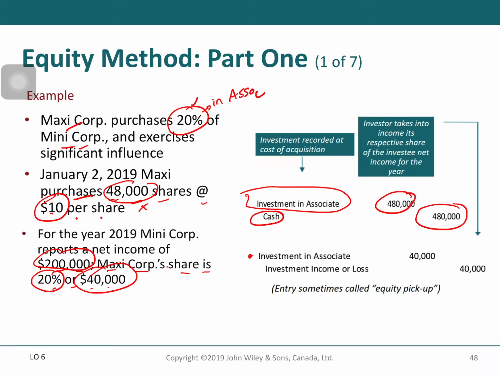Okay, so you will record investment in associate on the debit side and investment income or loss on the credit side. Okay, if you find this account on the credit side, it means you get income. Okay, if it is on the debit side, you will get a loss. Okay, so if the investee gets net income, your investment will keep getting higher and higher.